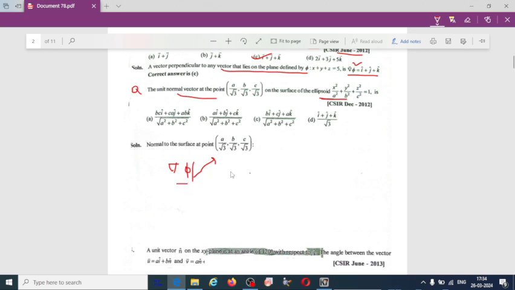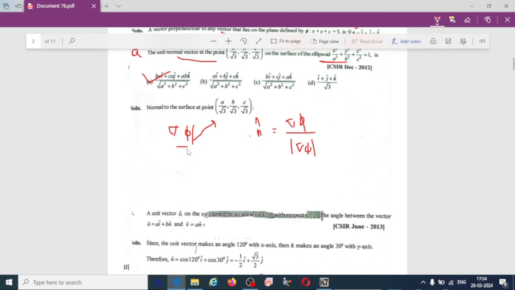Once you take gradient phi after substitution, take n cap, that is equal to gradient phi by mod of gradient phi. So here you are going to have the answer, that is option A. This question has been asked many times, so please try to solve this.